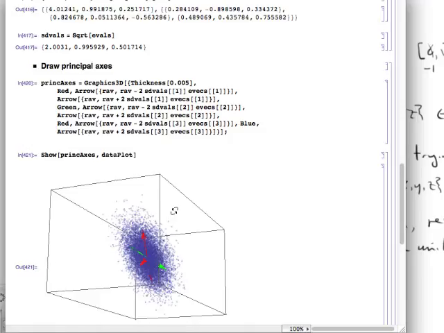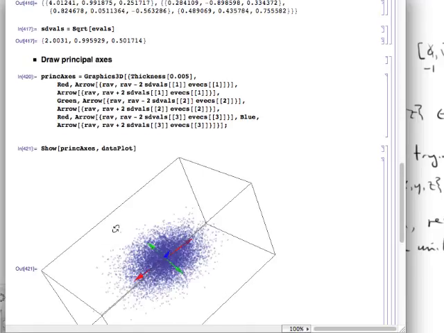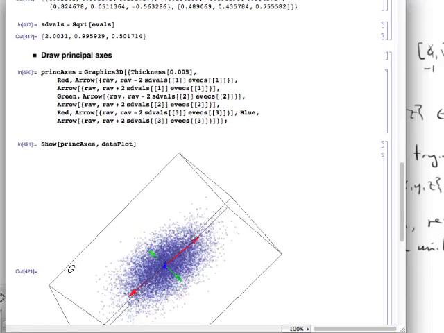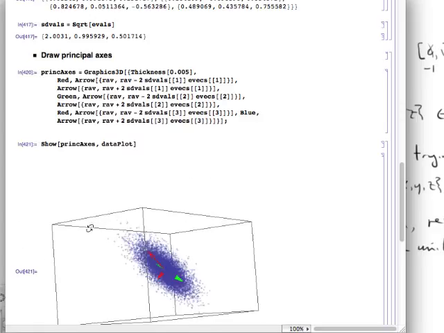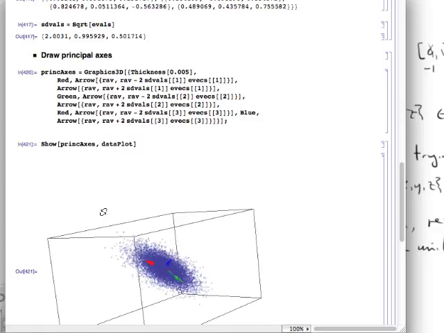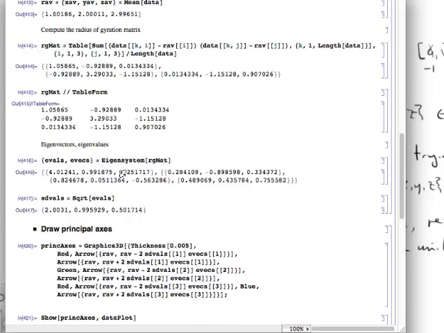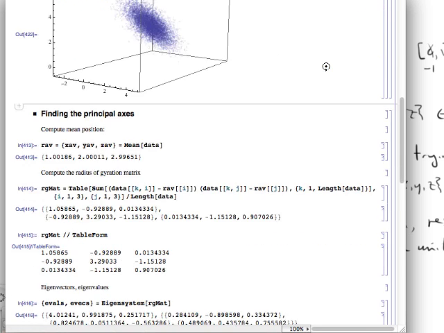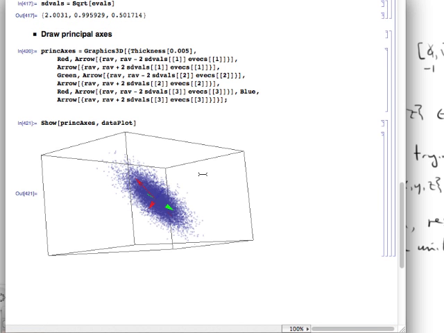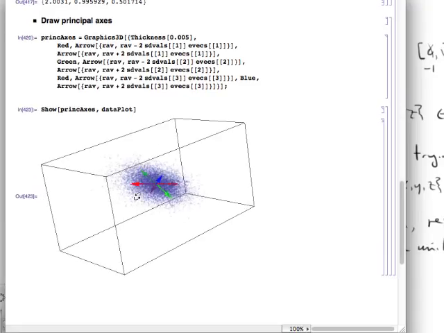Okay, you can see the three different principal axes in there. It might help if I did the data plot with a little bit less opacity. So let's take this and turn it down. Now it's a little bit easier to see.